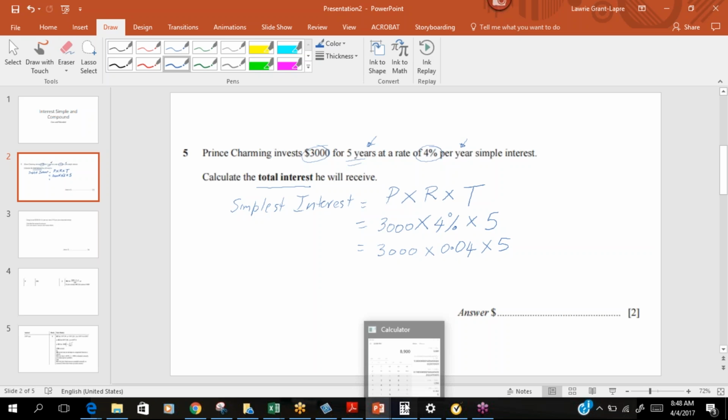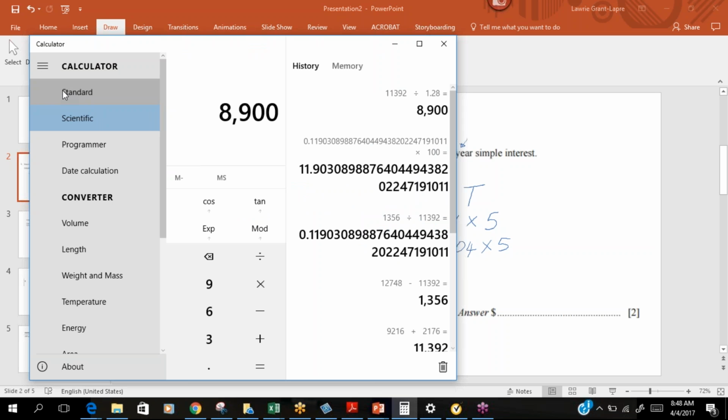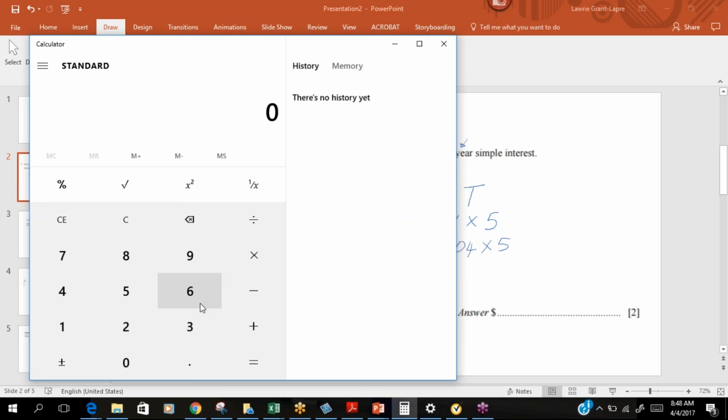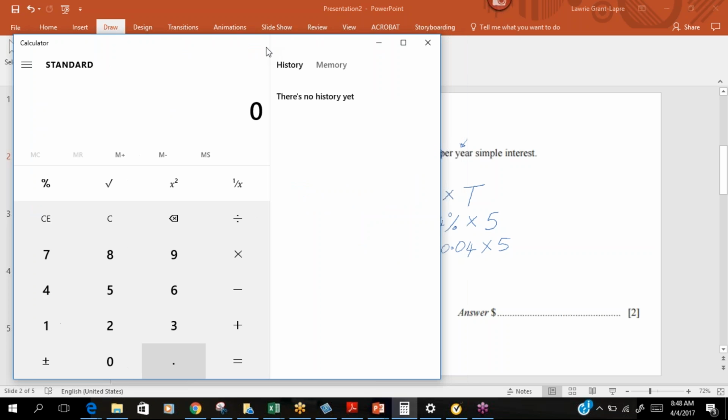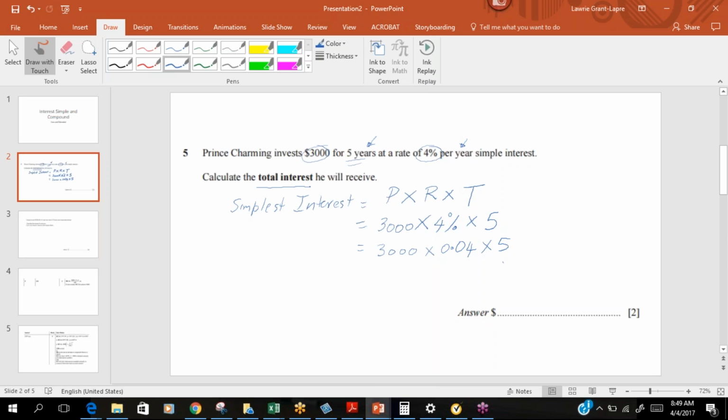So let's get the calculator open, and let's just choose a standard calculator. It was 3,000 times 0.04 multiplied by 5 equals 600. Now, this is the simple interest.